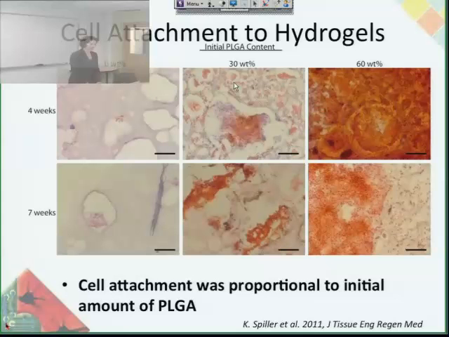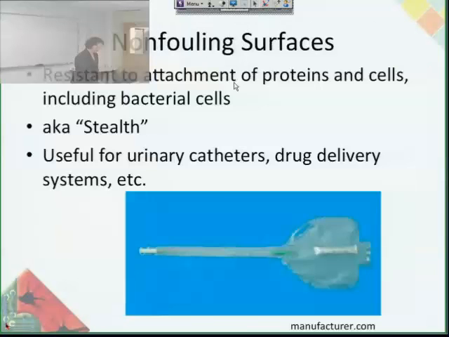I guess there are some hydrogels that you can have cell attachment to. It depends on the polymer, but in general, if the polymer is very hydrophilic, the cells can't attach because proteins can't absorb. So that was really not good for cartilage, but it is pretty good for a lot of other applications like anti-biofilm or antibacterial surfaces, also called non-fouling surfaces.